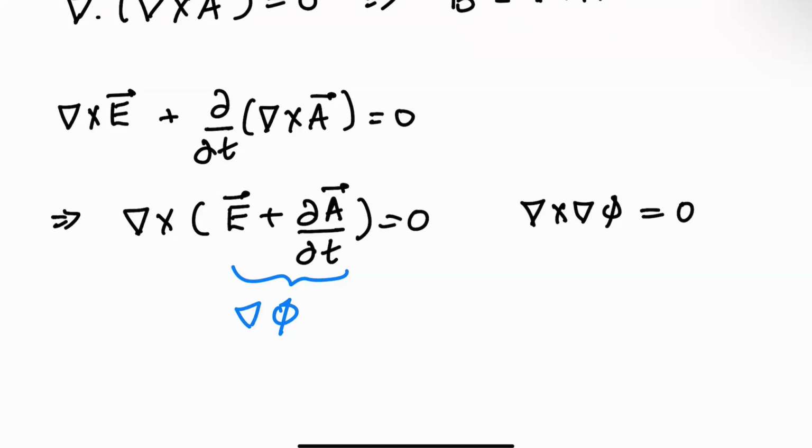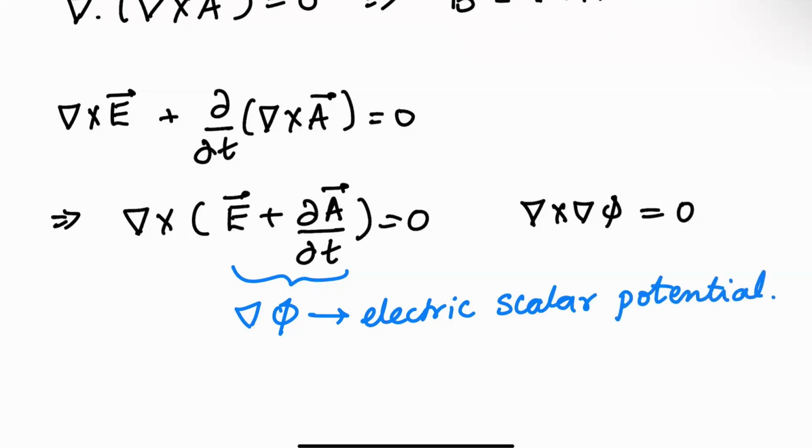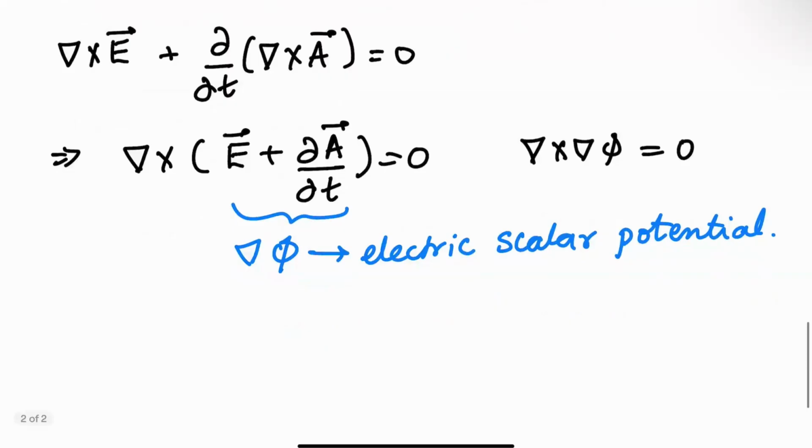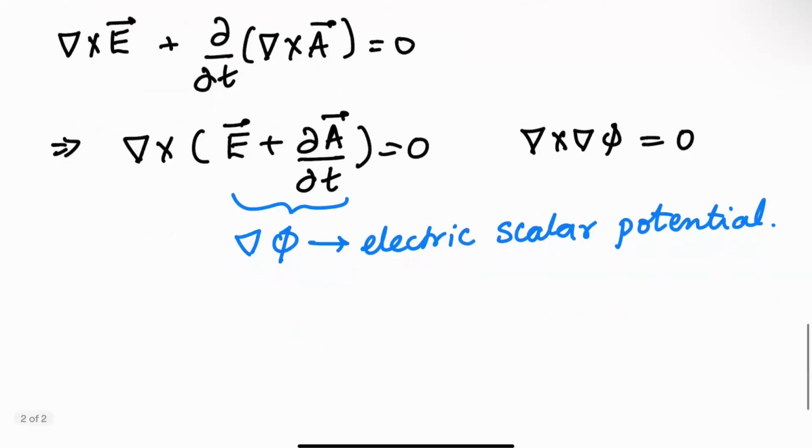Not vector field. And this phi is called the electric scalar potential. So if you've done electrostatics, that is your actual potential. The work done per unit charge in moving that charge from infinity to that position, right? And that's where you get the definition of your voltage from.